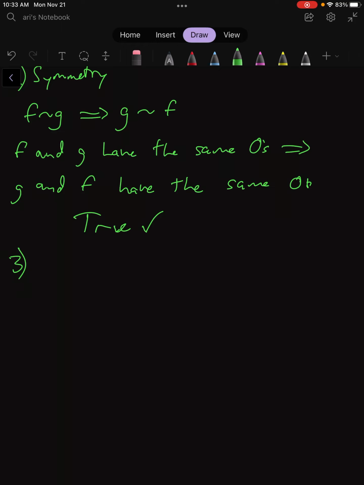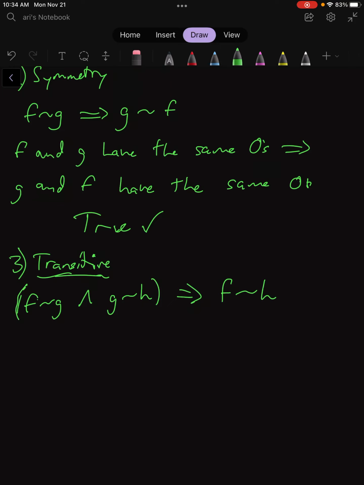Okay, number 3, transitive. And I'm running through this because I think it's really easy, and I want to get to the harder one. So transitive. Here with the transitive, we have to introduce a third variable. So transitive again means f tilde g and g tilde, let's say h, because that's the next letter, implies f tilde h.